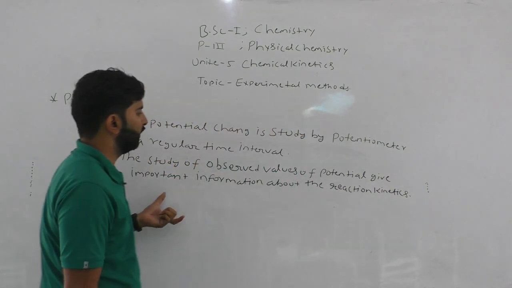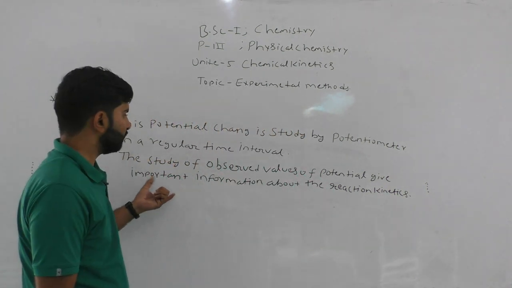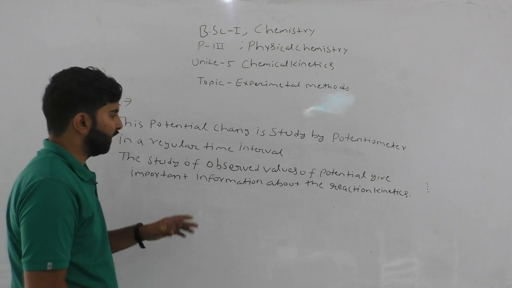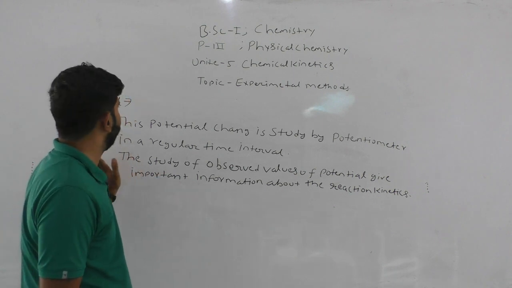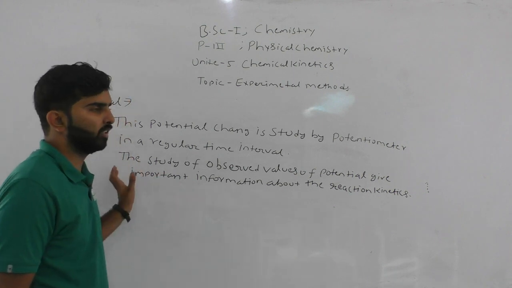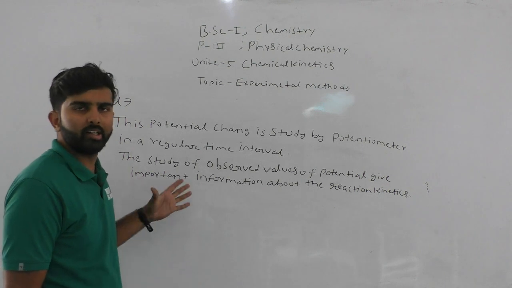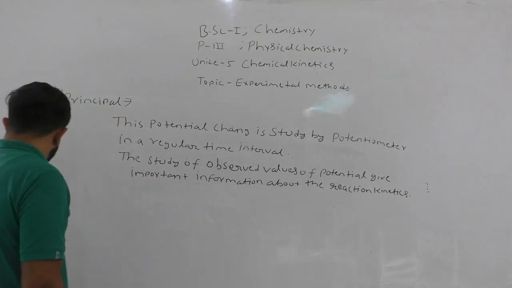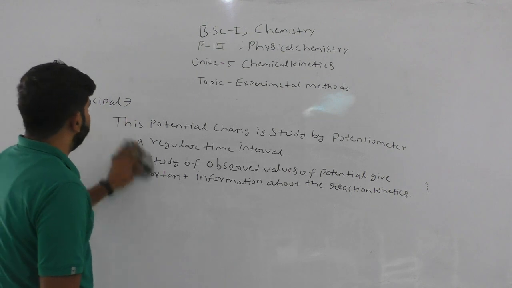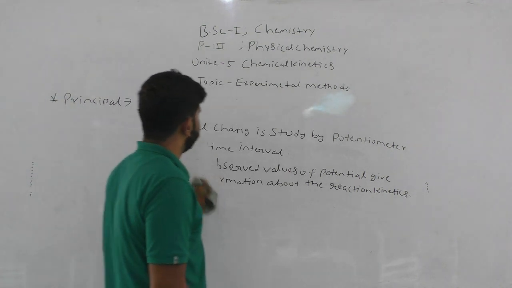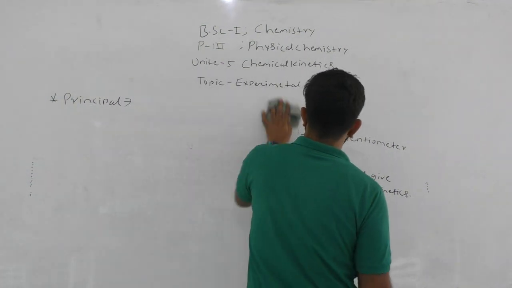This gives important knowledge or information about the chemical kinetics. So, this is the principle for the potentiometric type of study of reactions. Now, we take an example to understand this method.